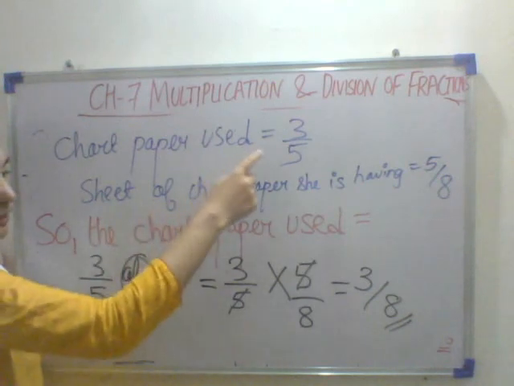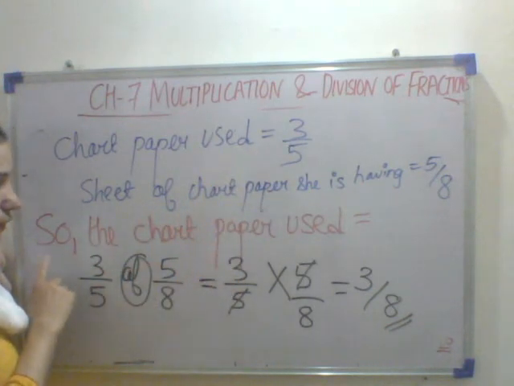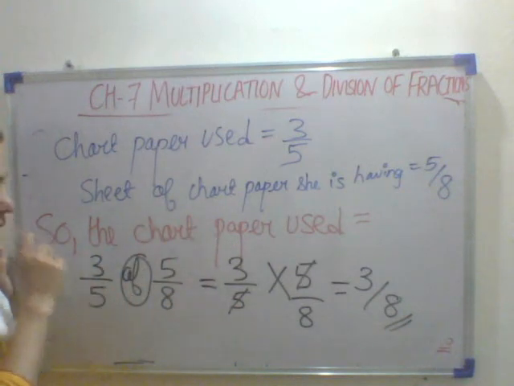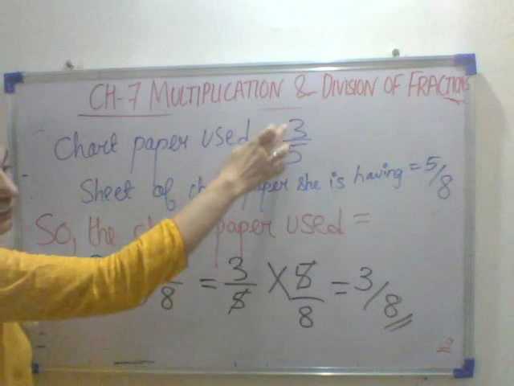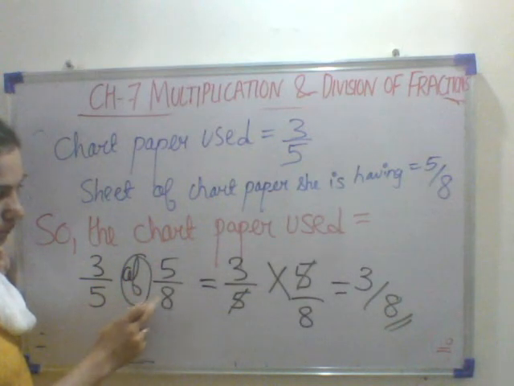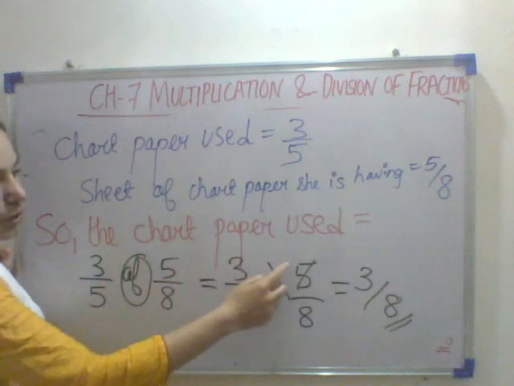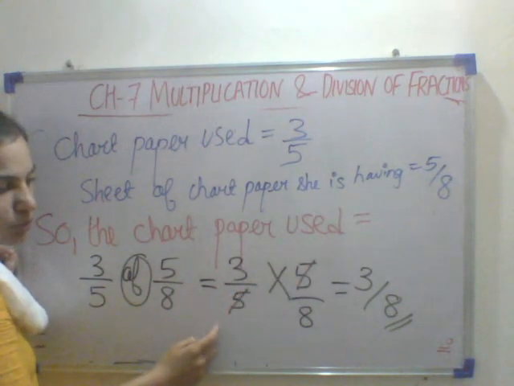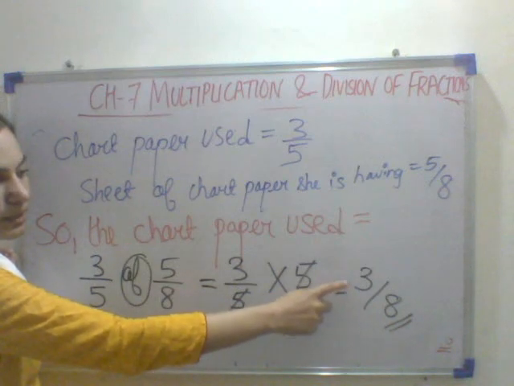The value is given in fractions. So in this we have to find the chart paper used by her. How will we find it? It will be 3/5 of 5/8. So instead of "of", you have to put the sign of multiply. Then we'll be cancelling the 5s, and the answer that we'll be getting is 3/8.